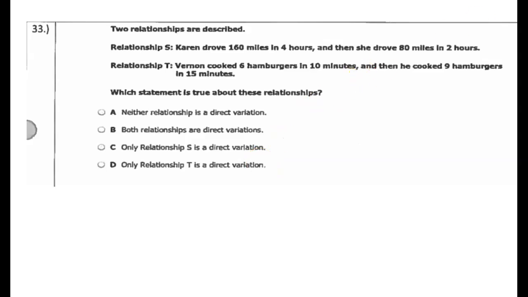Number 33 says two relationships are described. Karen drives 160 miles in 4 hours, and then she drove 80 miles in 2 hours. Vernon cooked 6 hamburgers in 10 minutes, and then he cooked 9 hamburgers in 15 minutes. Which statement is true about these relationships? Let's start with relationship S. Karen drove 160 miles in 4 hours, and then she drove 80 miles in 2 hours.